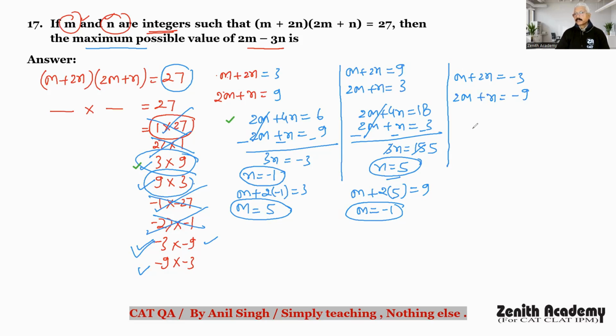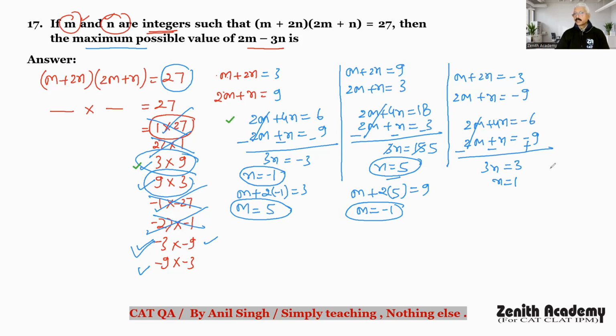Then on equating, 2m plus 4n minus 6, 2m plus n minus 9, the 2m cancels, 3n is 9 minus 6, 3, n is 1.